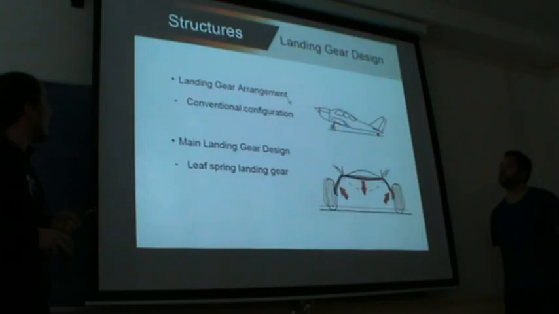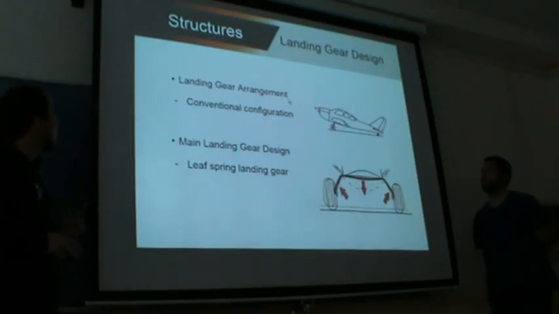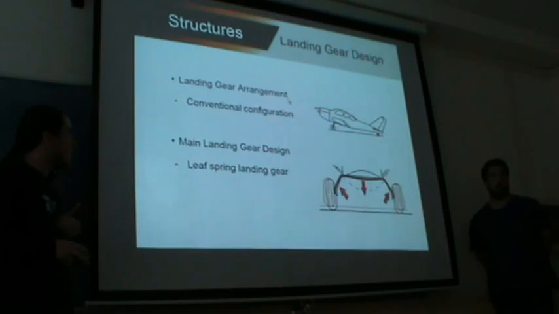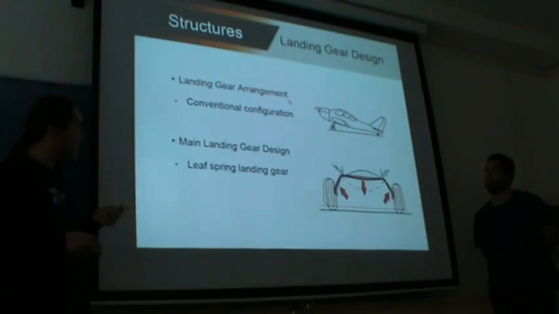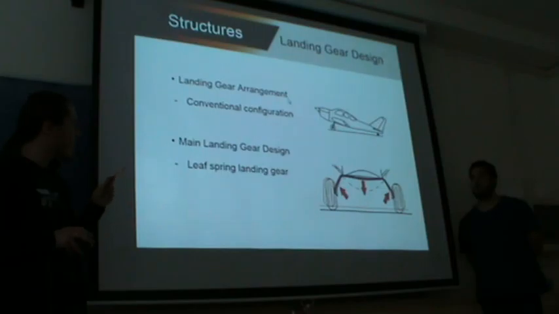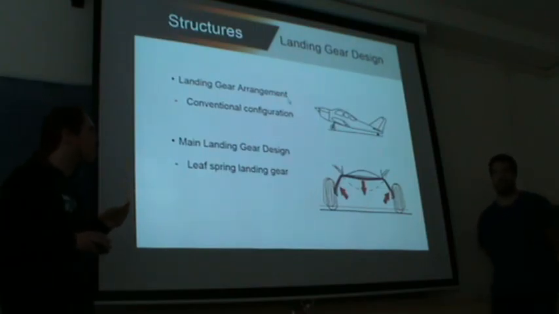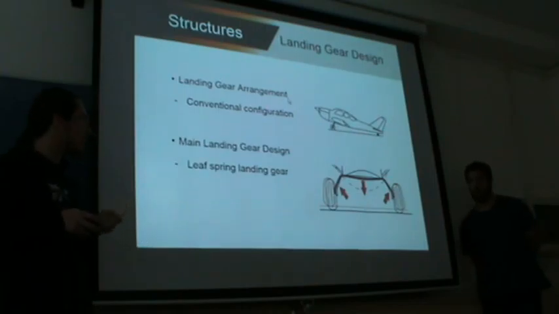Well, about the landing gear design, for the arrangement of the landing gear, we have decided to use a conventional configuration, mainly because it is cheaper, easier to build, and lighter than a tricycle configuration with a nose wheel. Another reason is that in the event of a failure, if the tail wheel fails, the structural damage to the aircraft will be lower than if a nose wheel fails, in which the aircraft could lean forward and then the propeller could strike the ground and cause great damage.